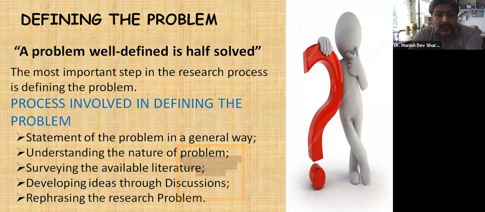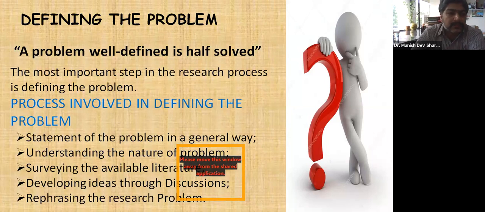The process involved in defining the problem is basically a statement of a problem in a general way. So you can define the problem in such a way that it could help you in finding out the exact route to reach the end. It helps you in understanding the nature of the problem, what kind of problem you are taking.